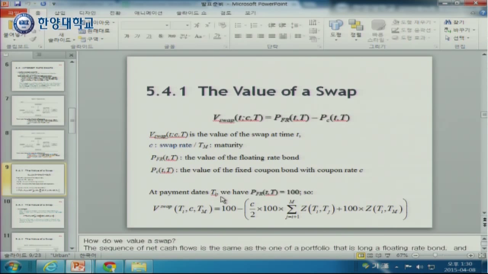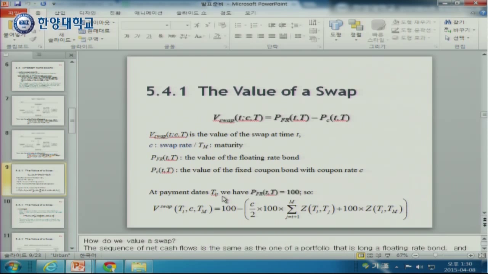Value of swap contract. As I explained, the value of swap contract is just the exchange of two bonds, a floating rate bond and a fixed rate bond. Basically, in the swap contract, they exchange interest, but they set the principal the same, and from that principal there is an interest cash flow, and they exchange that.